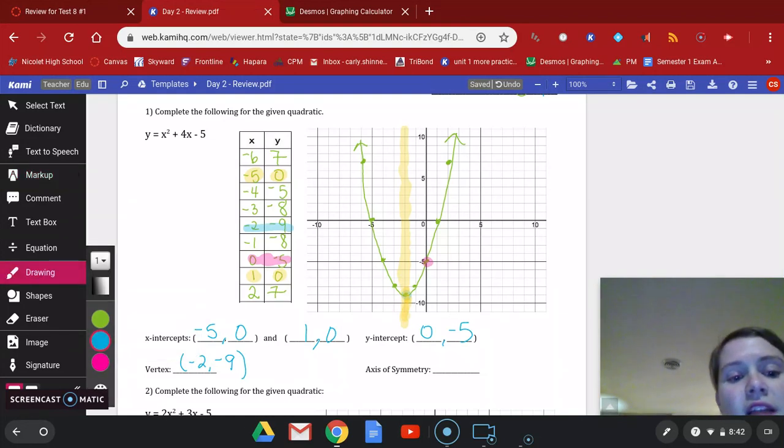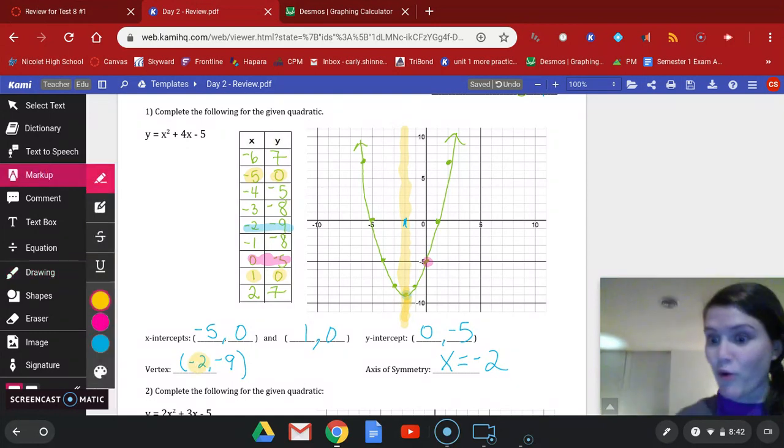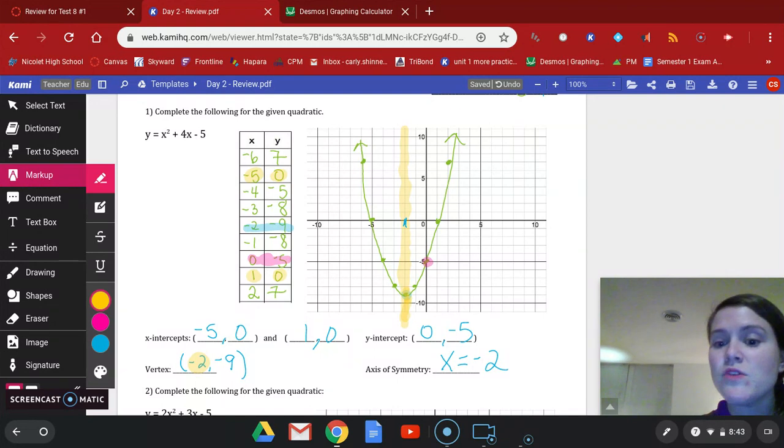And it's on this line right here. What x value is that? -2, it looks like, right? Which happens to be the x coordinate of my vertex. So that's a pattern that you can always look for. Because my vertex is right at the center of my parabola, that will always happen. The axis of symmetry is going to be right when x equals the x coordinate of your vertex.